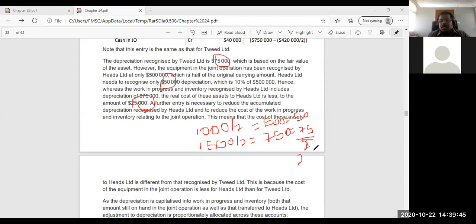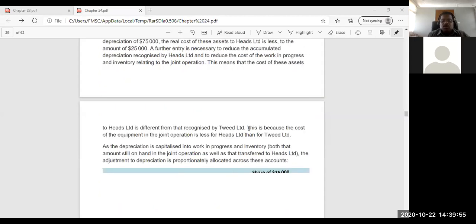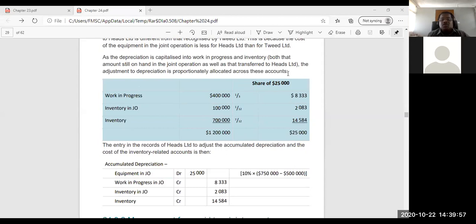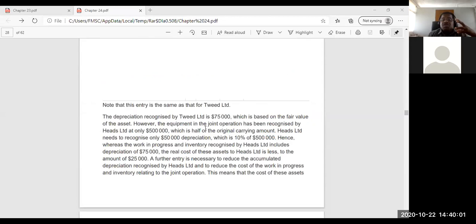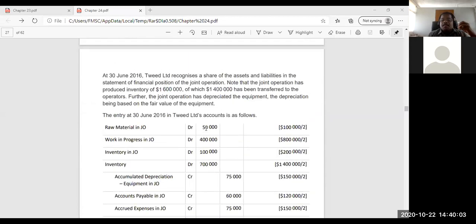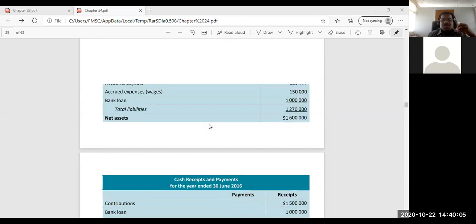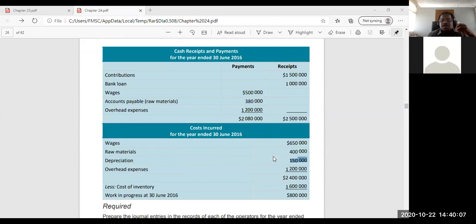So what you have to do is make an adjustment for this 25 in the books of the provider. Who is the provider? The H Limited. Here depreciation is being charged to the production cost: wages, raw material, depreciation, other overheads, all these production costs.